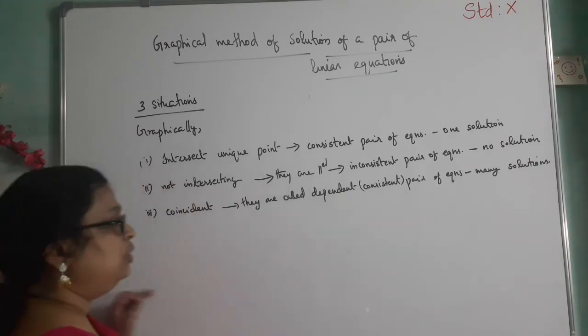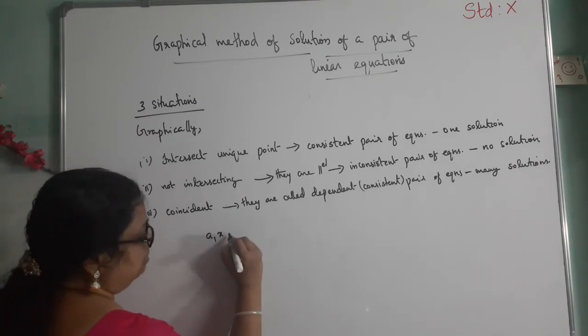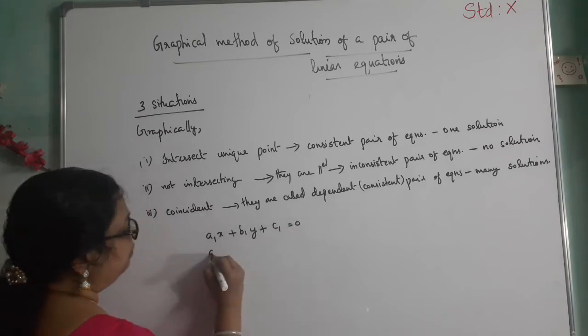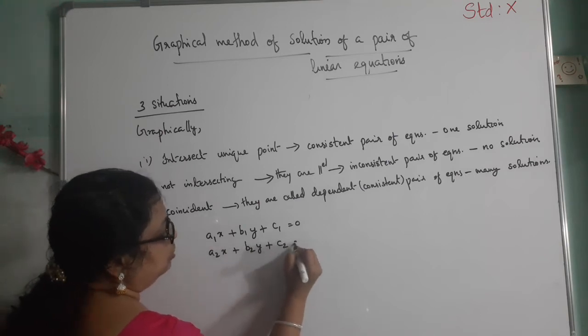have many solutions. In general we can write a pair of linear equations in this way: a1x plus b1y plus c1 equal to 0, a2x plus b2y plus c2 equal to 0.